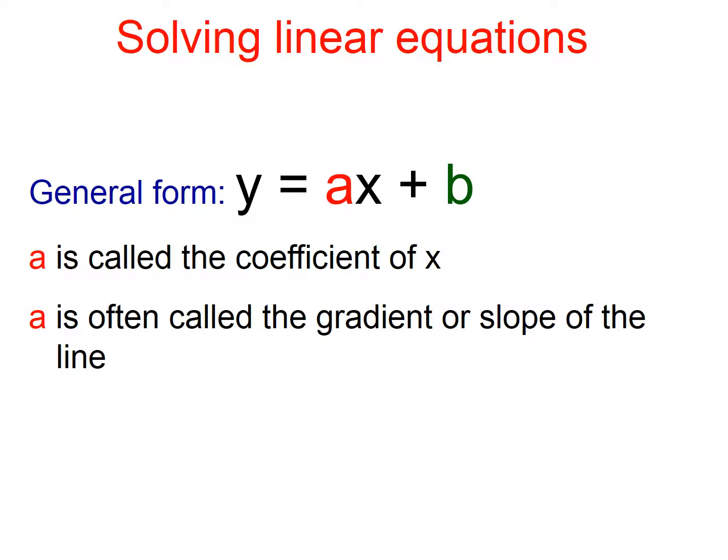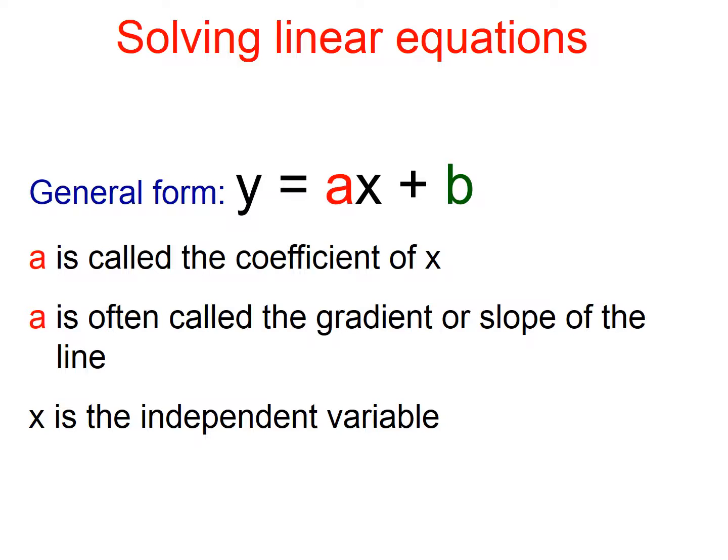So in this equation, y equals ax plus b, this term a is delta y divided by delta x. If I drew another line with a steeper gradient, this variable a would be a bigger number.